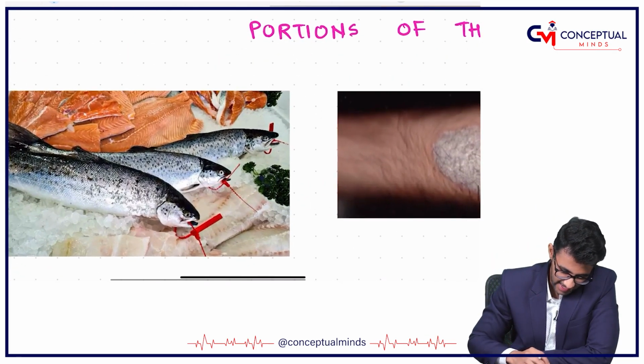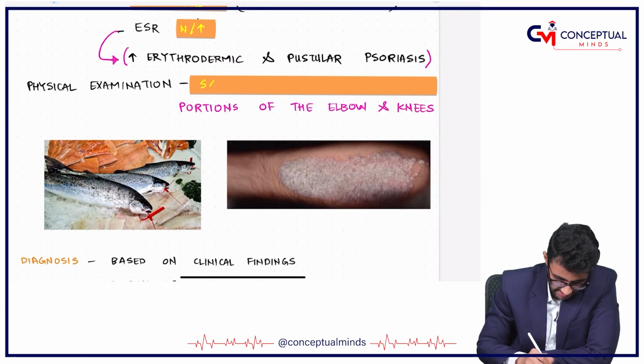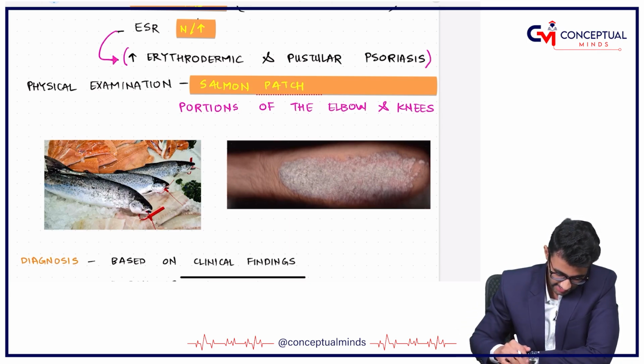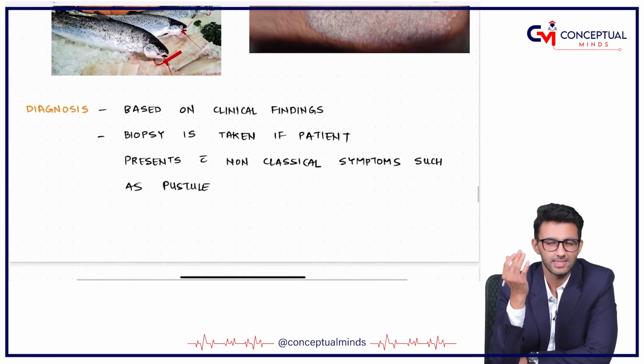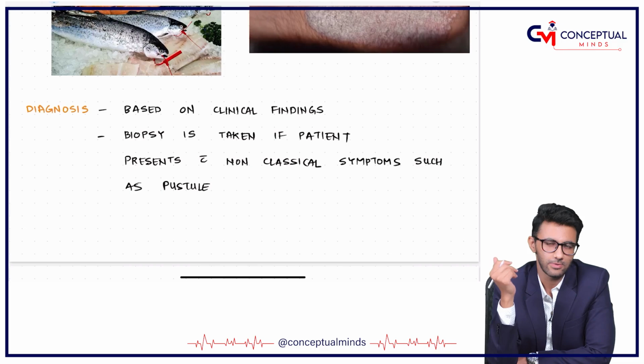On physical examination, we would have a salmon patch appearance on the extensor surfaces of the elbows and knees. How about the diagnosis? For sure it is a clinical finding, because there are so many things pointing towards this. But if there are pustules, we would like to take a biopsy.